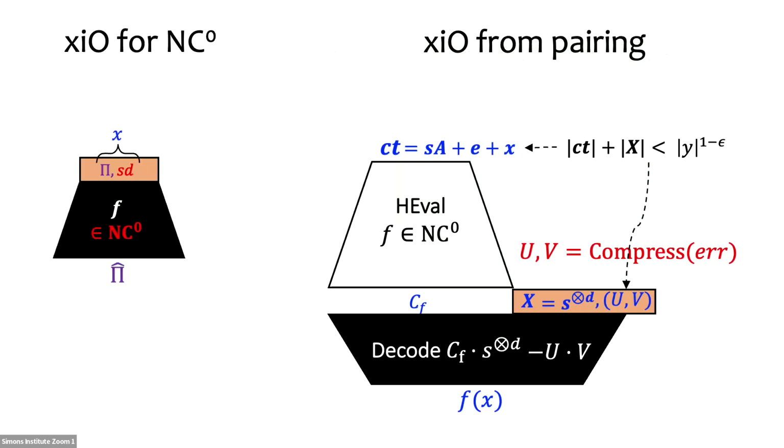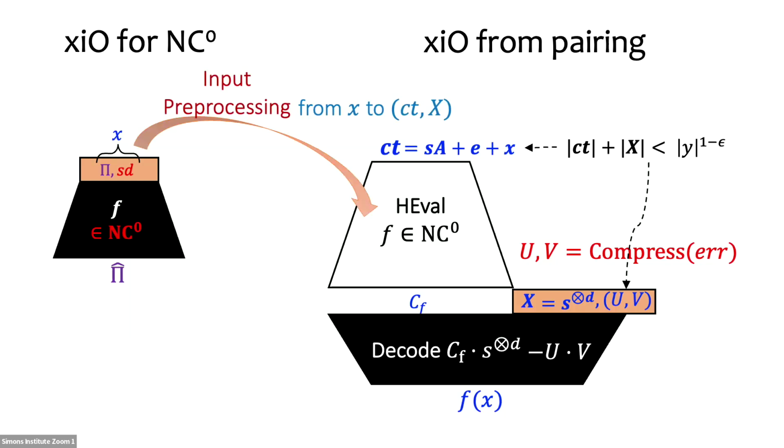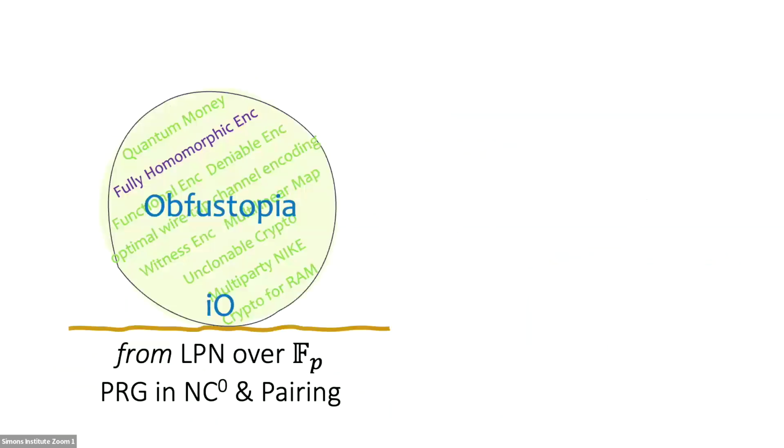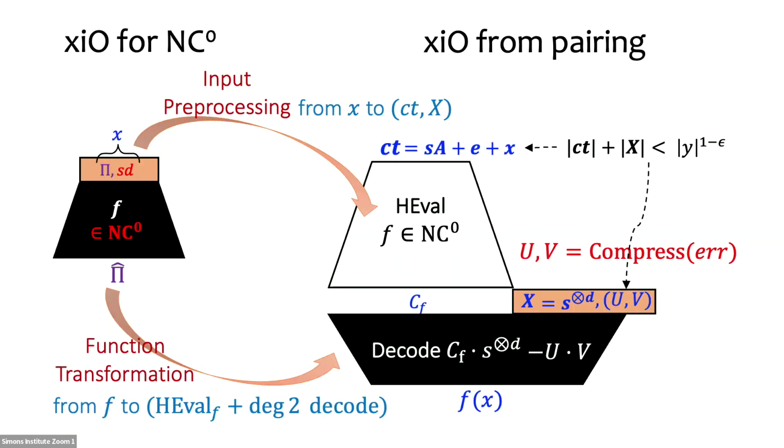And this more or less gives us XIO for this type of computation, as we mentioned, can be protected. We have XIO using pairing. And now we can go to XIO for NC0 by transforming an input X. How do we transform it? We encrypt it using LPN and produce the corresponding decoding secret. And the computation F turns into homomorphic evaluation of F in the public part and the decoding in the secret part. All right, so this concludes the iO construction.